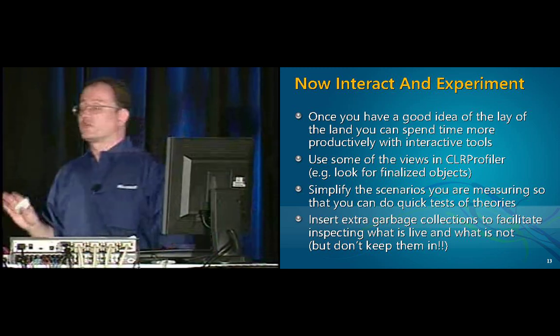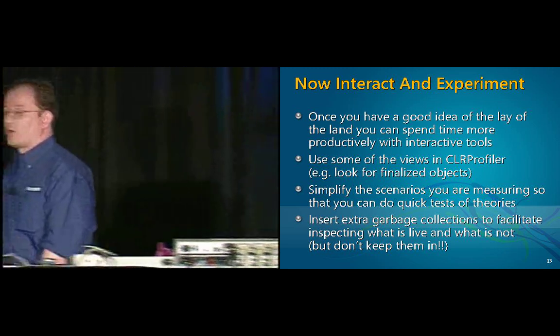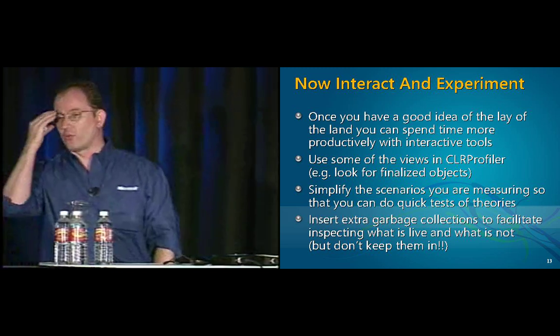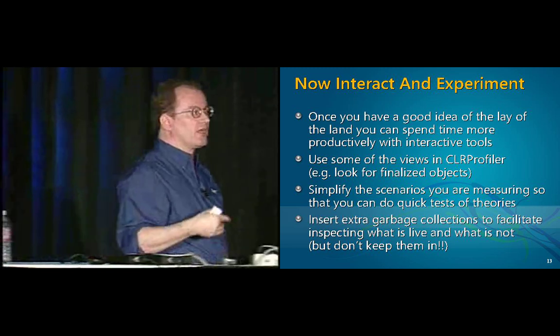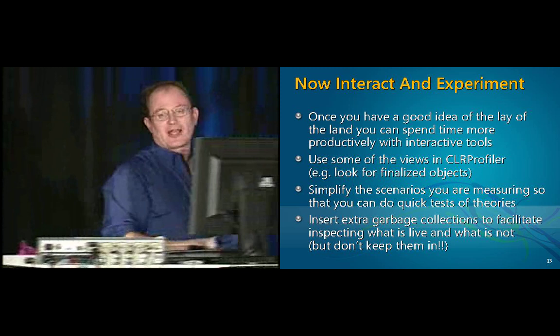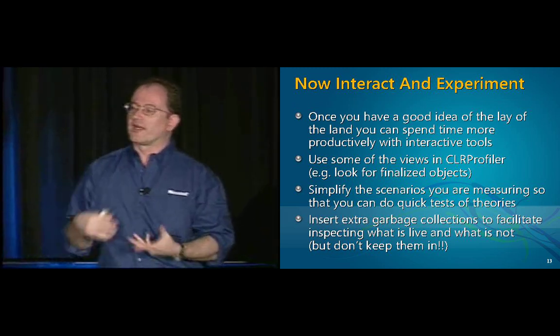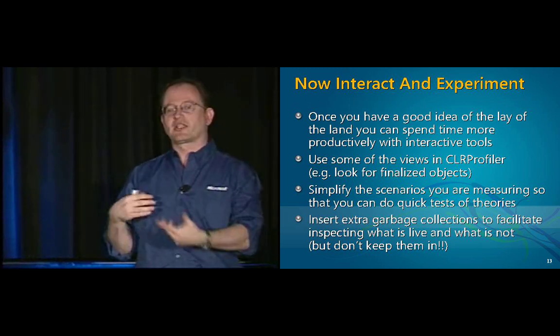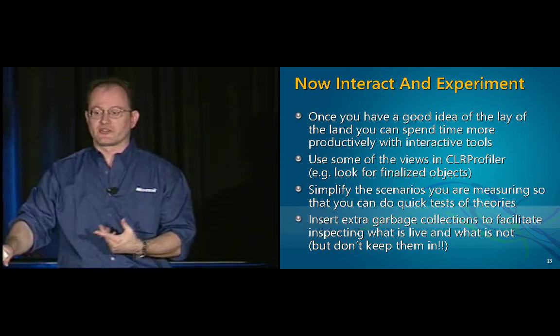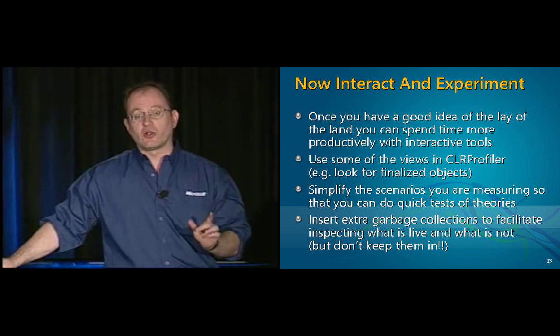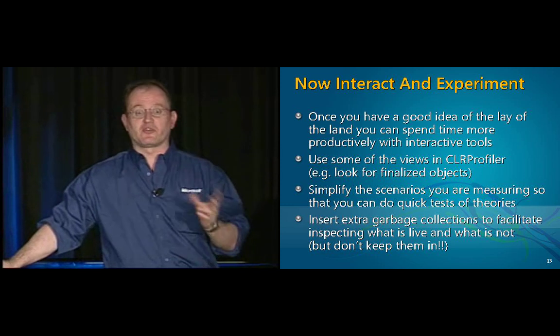Okay, once you've got the lay of the land, once you understand what you need to do and where your big types are coming from, that's when it's time to start getting interactive. That's when it's time to start thinking, how can I find out more about these strings? I can use CLR Profiler's features, for instance, to cull particular call trees and find out who's responsible for the different allocations.